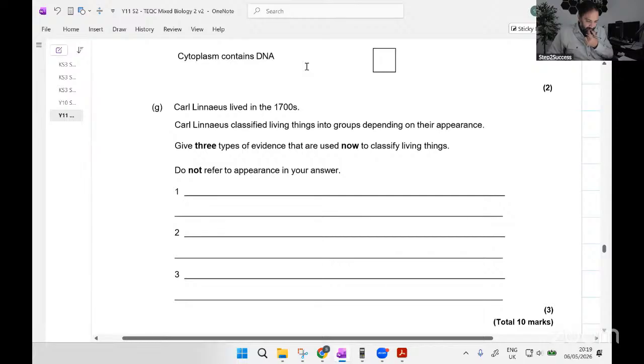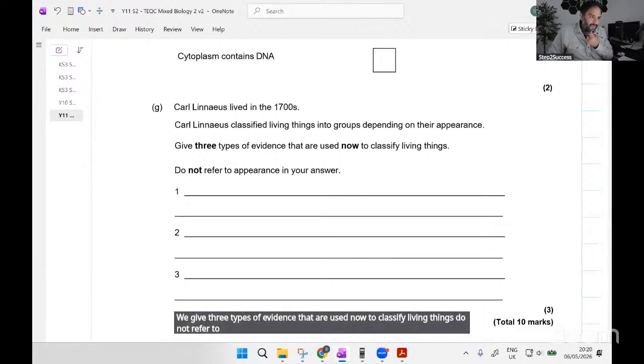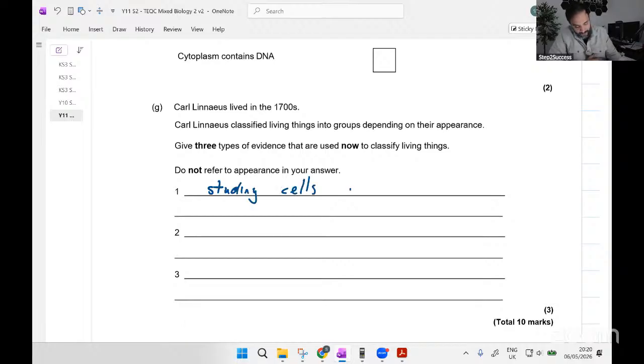Give three types of evidence that are used now to classify living things. Do not refer to appearance in your answer. Jeez. I'll tell you what the answer is. It's not an easy one, this, but studies of their cell structures with light microscopes. For some reason they want you to mention the light microscopes here.